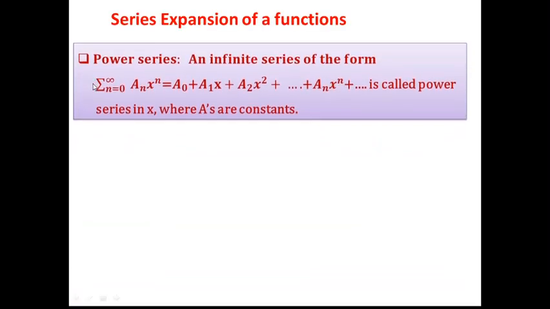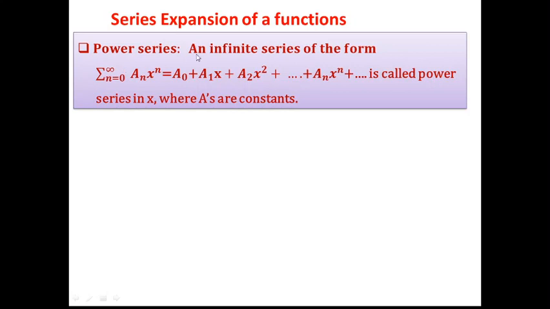So let's first see what the terms involved are. The first terminology is power series. An infinite series of the form summation over n equal to 0 to infinity a_n x to the power n, where when we apply this summation, that is when we put n equal to 0, 1, 2, 3, we get terms of the form a0 for n equal to 0, then for n equal to 1 we get a1 x, for n equal to 2 it is a2 x squared.